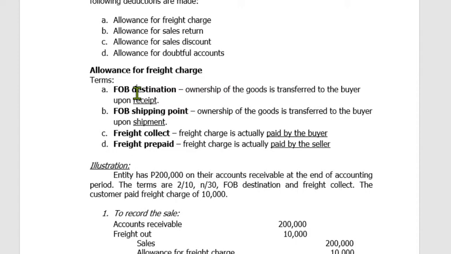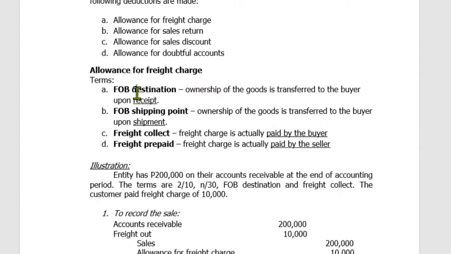So ano naman sir ang kinalaman niyan dun sa may freight charge? So therefore, kung at the time of the shipping, at the point of shipping ay na-transfer na yung ownership, it is therefore incumbent dun sa buyer na bayaran yung transportation charge from the point of shipment to the point of the destination.